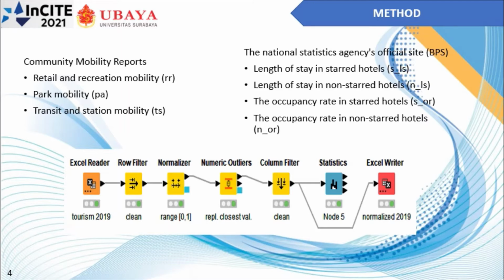There are 2 data sources. The first is community mobility reports with 3 variables: retail and recreation mobility, park mobility, and transit and station mobility. The second data source is the National Statistics Agency, BPS.